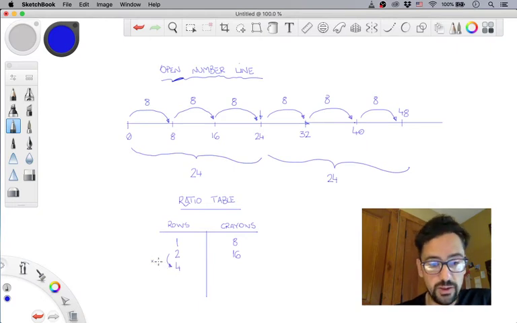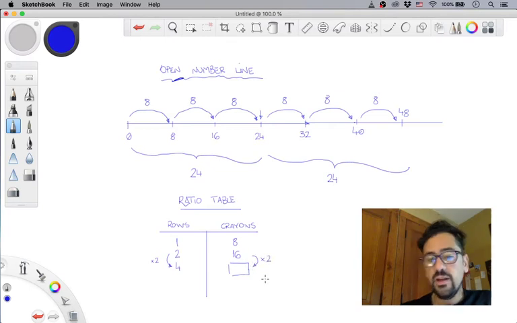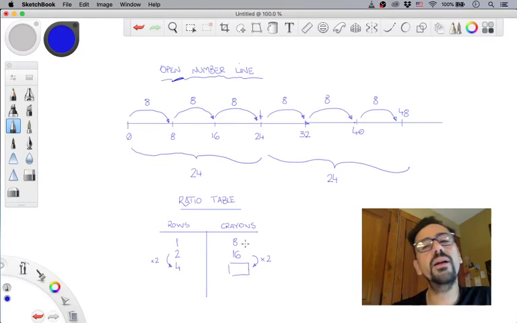So this is times 2. Well, this number right here is going to be also times 2. So if you have 2 times 2 equals 4, 6 times 2 is, what do you think? Think about it for a second and pause the video if you need to.